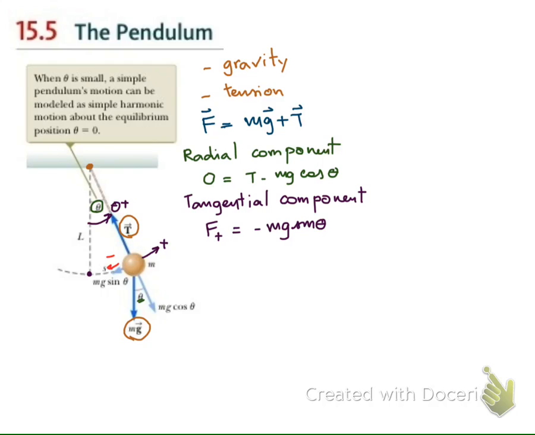But if the mass m is here, you can see that this is mg, and we have this theta, and now theta is negative.